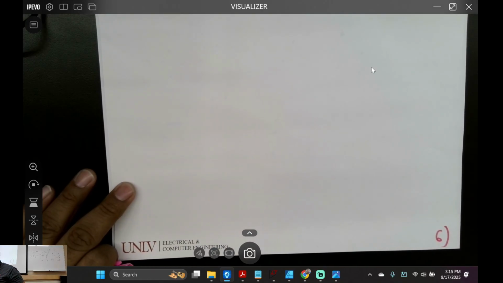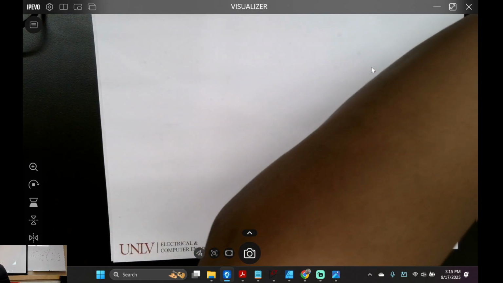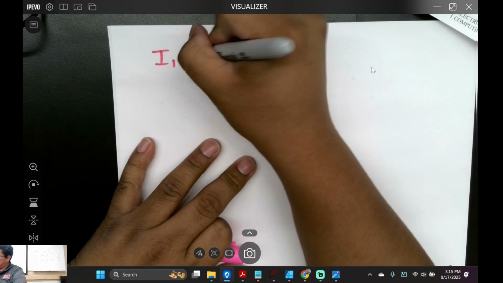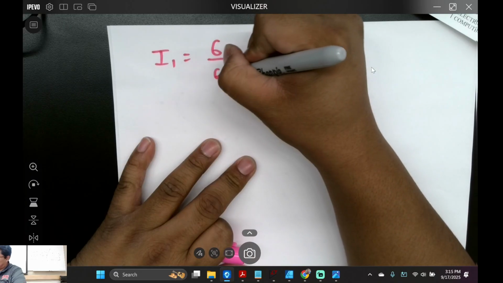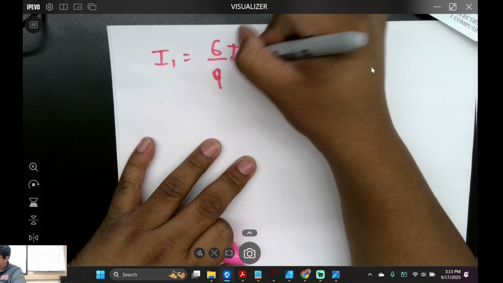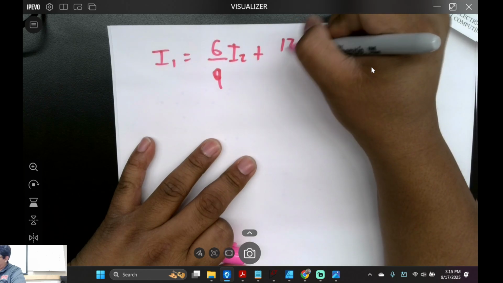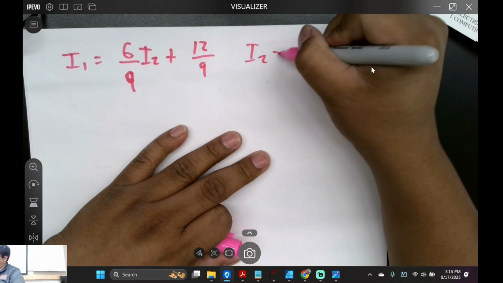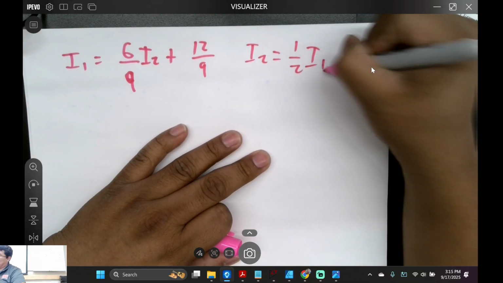Anyways, let's see. Let me rewrite the equations that we had from our previous page. So, we just solved for I1, right? I1 is equal to 6 over 9 I2 plus 12 over 9, right? And then I2 is just equal to 1/2 of I1, right?